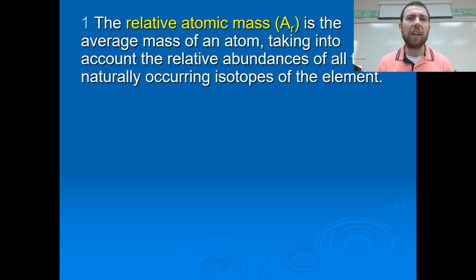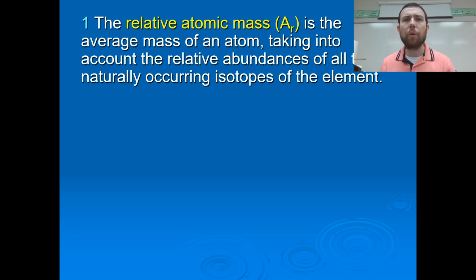So you've got relative atomic mass, which is abbreviated Ar, is the average mass of an atom. And what that does, it also takes into account the relative abundances of all the naturally occurring isotopes of the element. So when you look at the periodic table, and you look at carbon, for example, and you look at its mass and it says 12.0108, like it says on my periodic table, what you're looking at is what we should really be deeming the relative atomic mass.